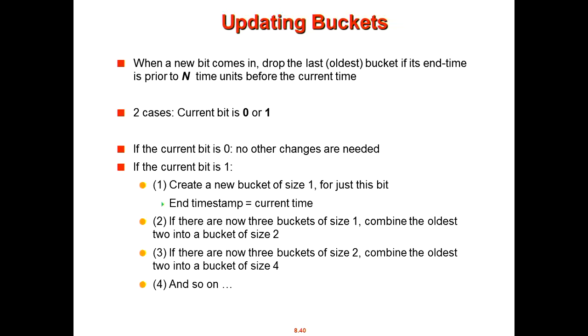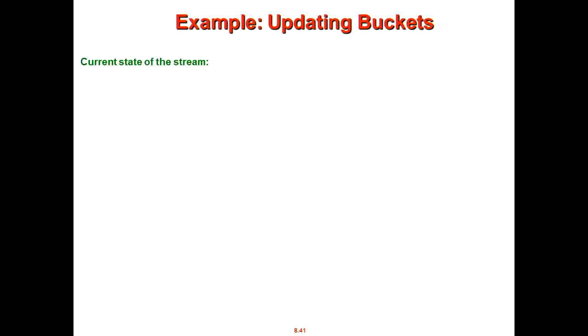Then you check for each level to see if the number of buckets is larger than 2. If it is not, you just stop the updates. If there are more than 2 buckets, that is 3 buckets, you need to merge, combining the oldest 2 buckets into a larger bucket. Then you move to the next level until you reach the highest level to reflect the updates.